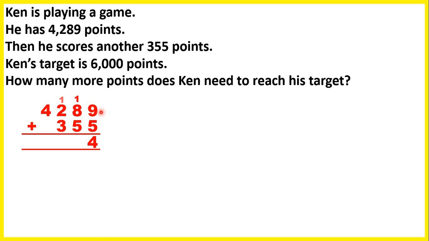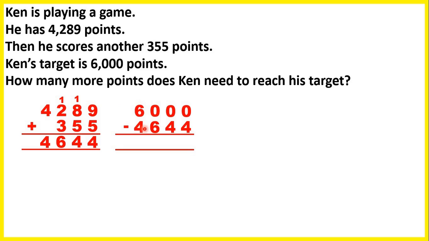4,289 plus 355 is 4,644. So that's how many points he has, but we're asked how many more points does he need to reach his target of 6,000 points. So we need to find the difference between what he has and 6,000.